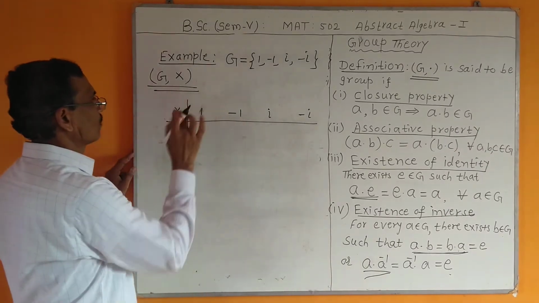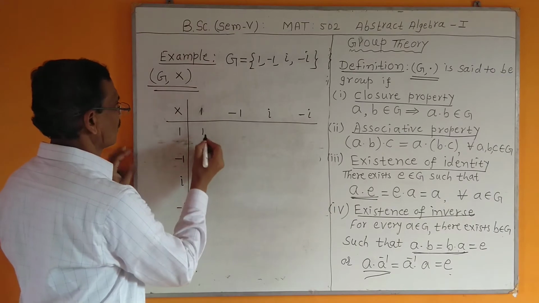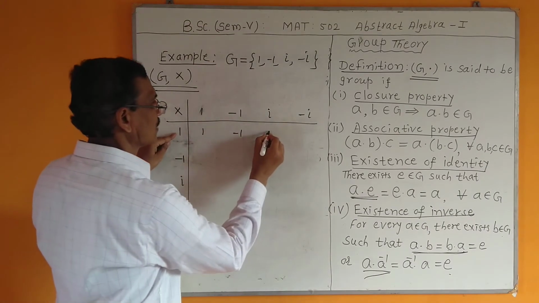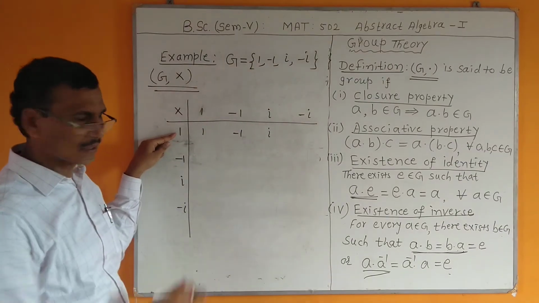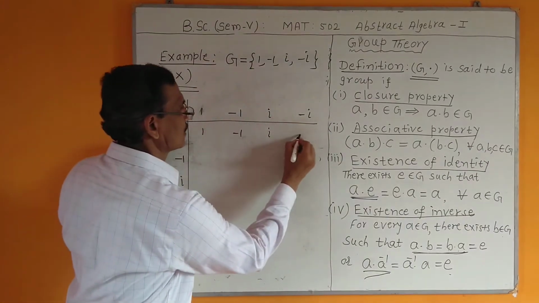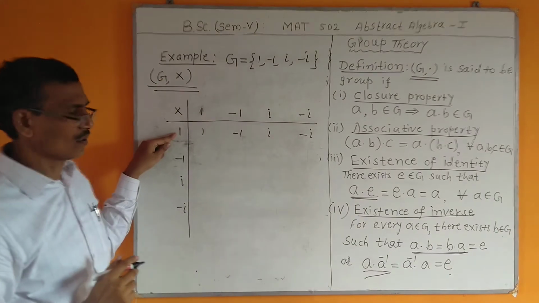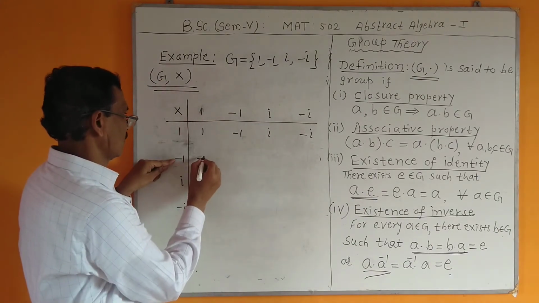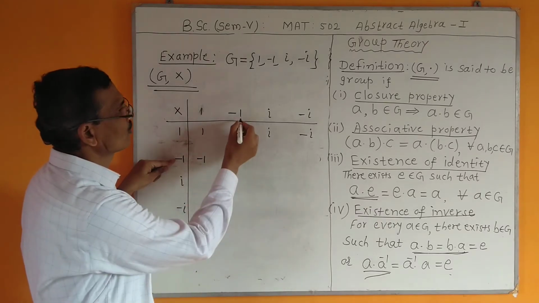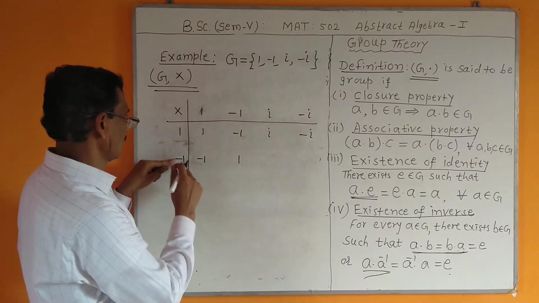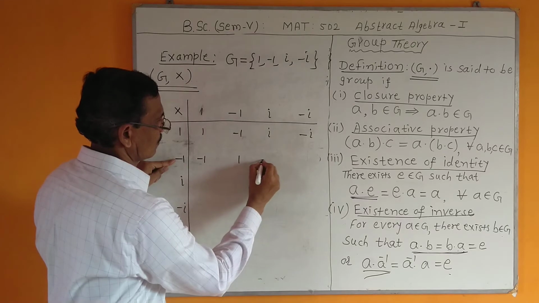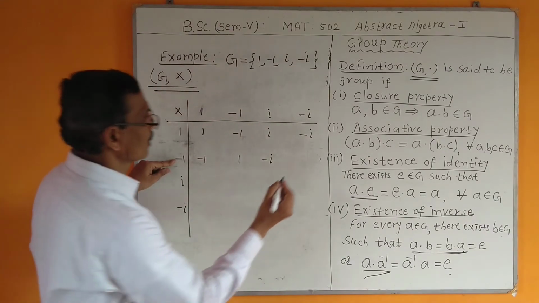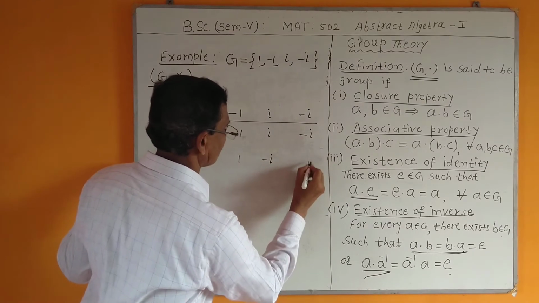Now take the products. 1 into 1 is 1, 1 into minus 1 is minus 1, 1 into i is i, 1 into minus i is minus i. Now second row, minus 1 into 1 is minus 1, minus 1 into minus 1 is plus 1, minus 1 into i is minus i, then minus 1 into minus i is plus i.